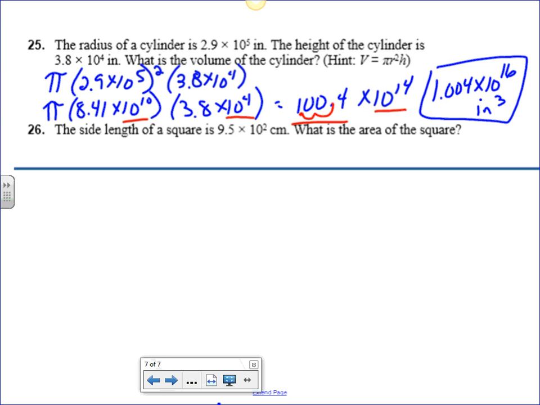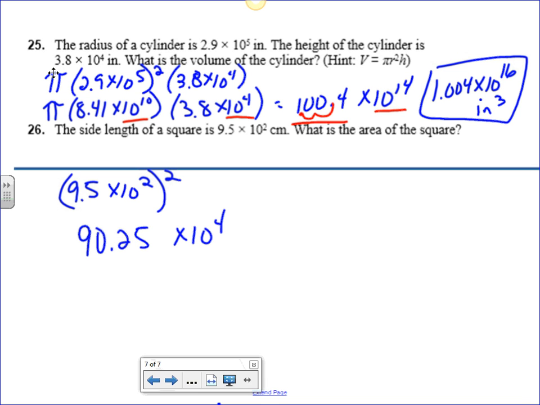Okay, so for this next one, find the area of a square. We simply take the side length squared. So I have 9.5 times 10 to the second. If we square that, 9.5 squared is 90.25. So we have 90.25 times 10 to the fourth power.